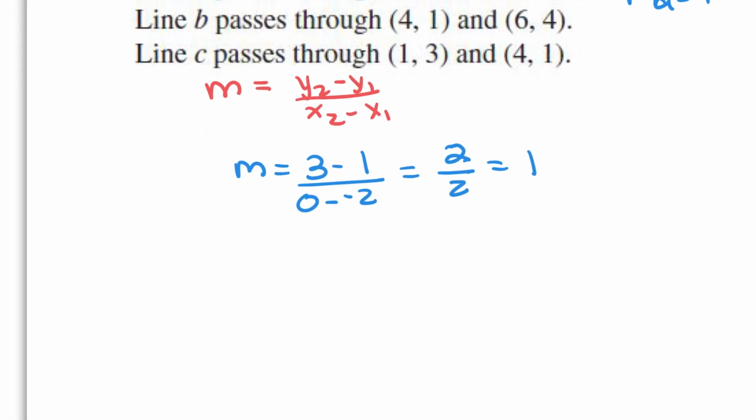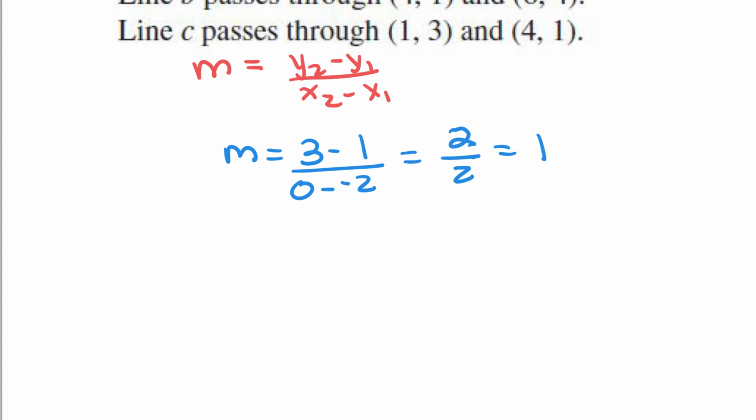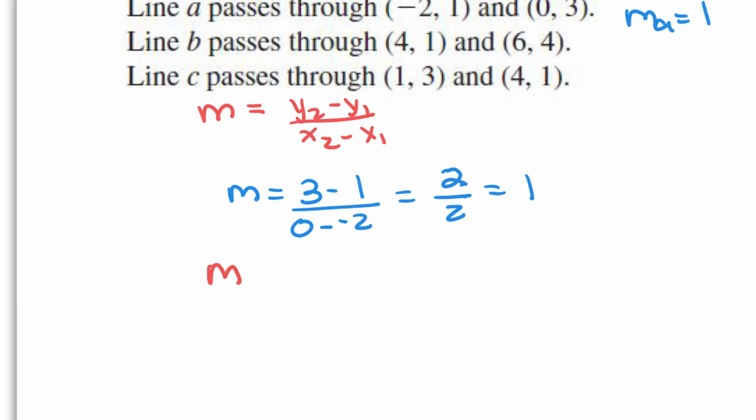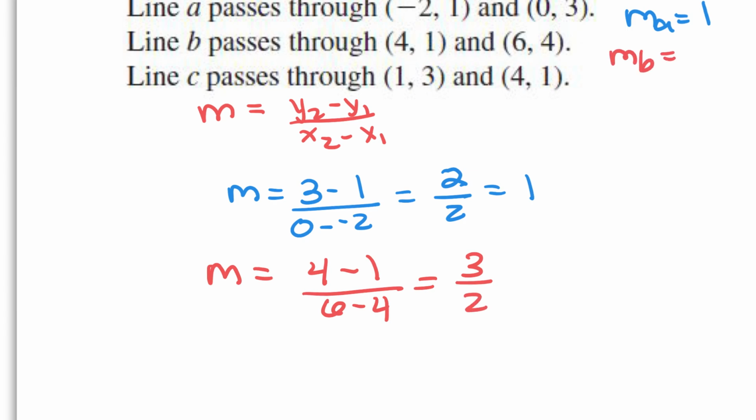Then for my line B, I have m is equal to 4 minus 1 over 6 minus 4, which is equal to 3 over 2. So the slope of line B is 3 over 2.